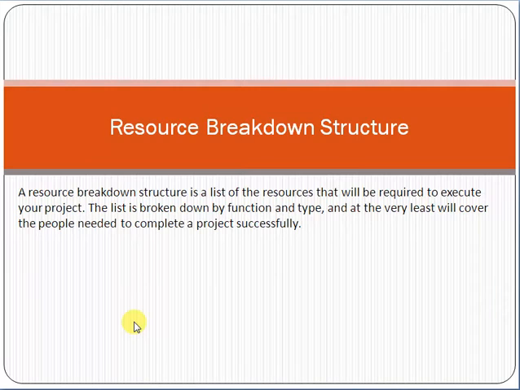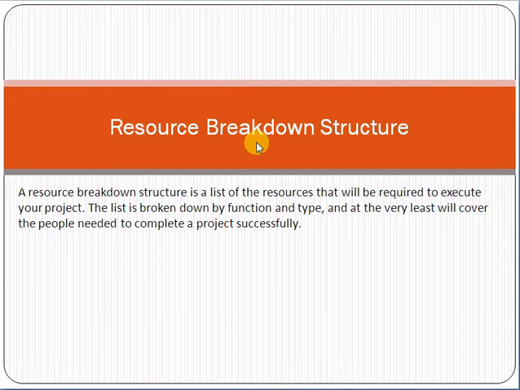Friends, resource breakdown structure, if you just see, these are three terms. First of all, this topic is purely related to project management, and all the things we are talking about right now are directly related to the concept of project.